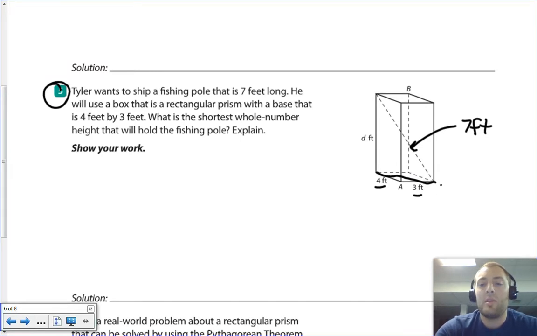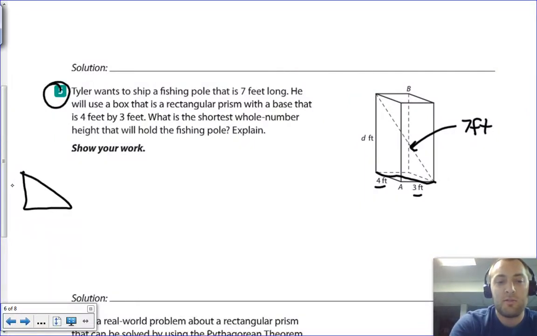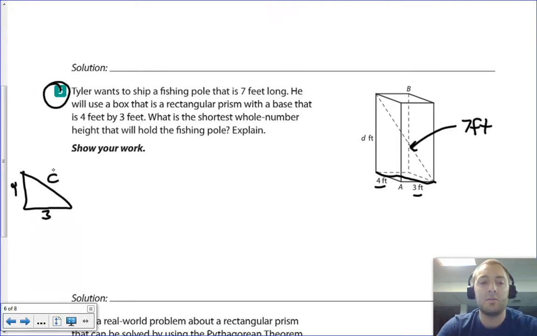We don't know that length yet, but we do know the 4 by 3 that's on the bottom. We'll call the diagonal across there C. So we can find that diagonal to help us find the D.